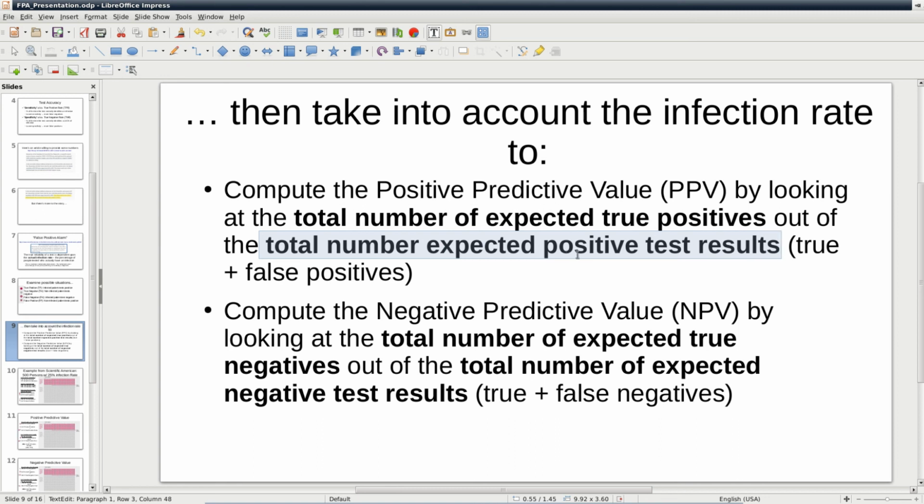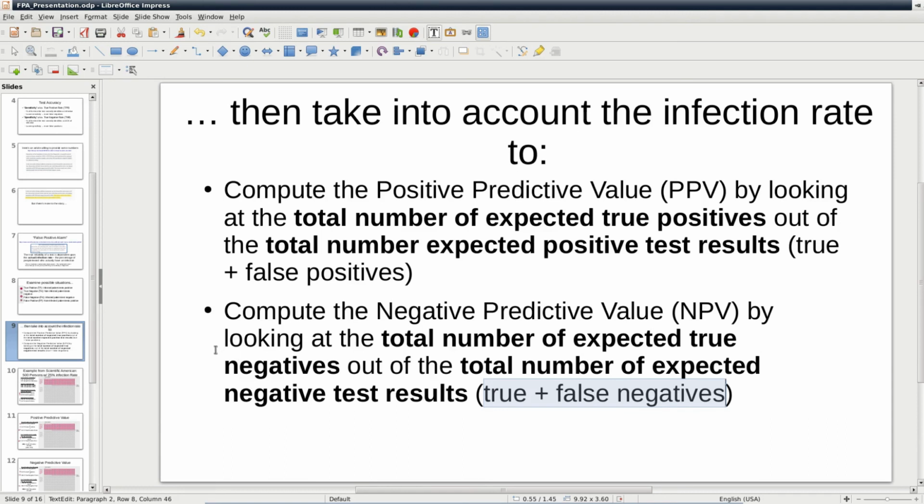Those positive test results are going to include both true and false positive results. Likewise with the negative, except we look at the total number of expected true negatives out of the total number of negative test results. Again, negative test results are going to be both your true and false negatives.